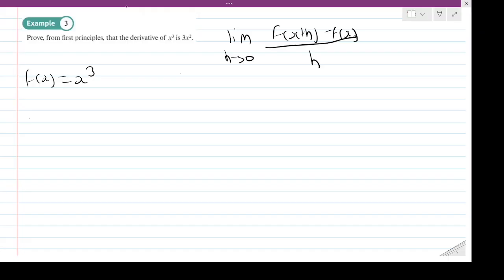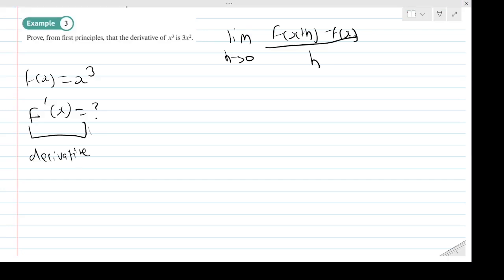We'll see more about that after, but for now, f of x is x cubed, then the derivative we notate by f dash of x. So it's like an apostrophe above the f, above my function. This is what I'm going to work out. This is what I call my derivative. This is going to be another function of x.